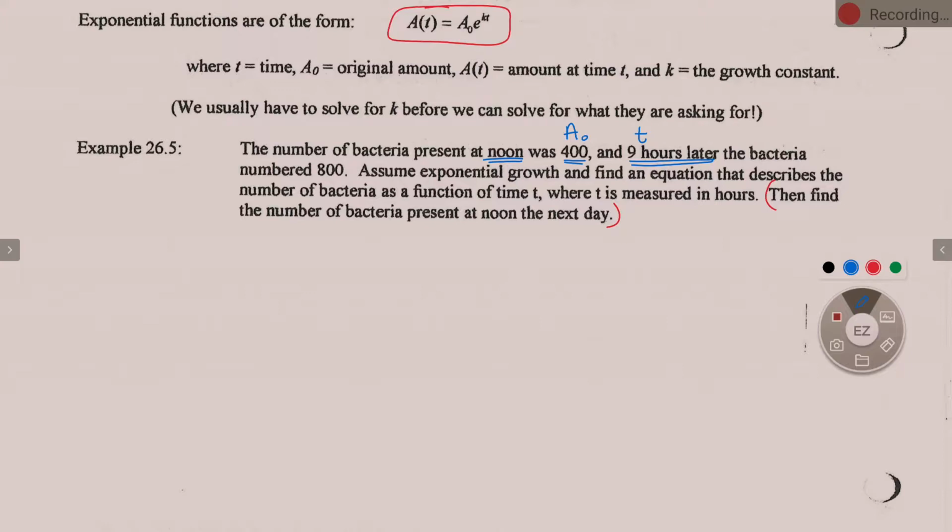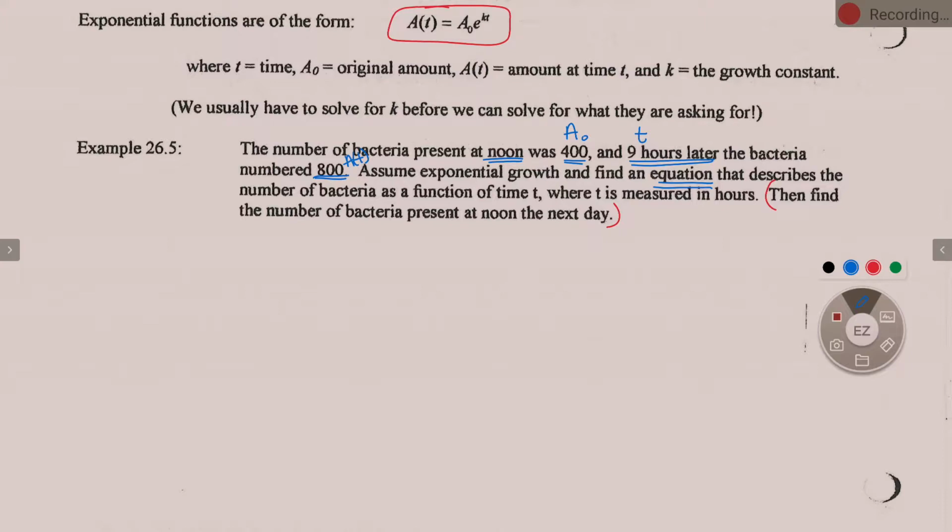And the bacteria numbered 800. That's your A of t, yep. I'm just labeling things within the problem, what they are. Assume exponential growth and find an equation that describes the number of bacteria as a function of time t.